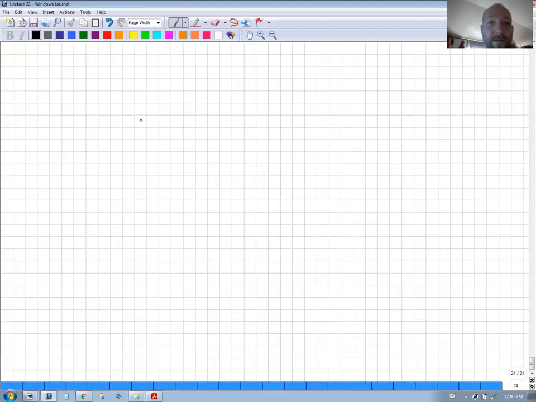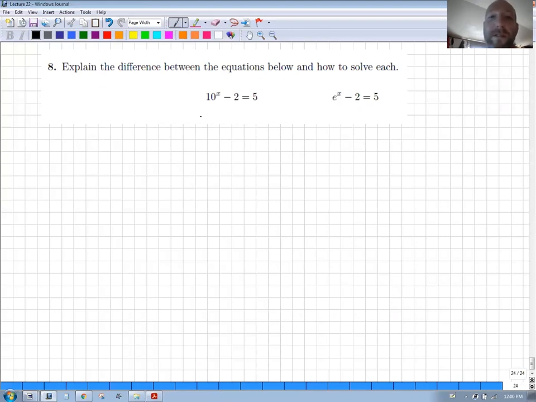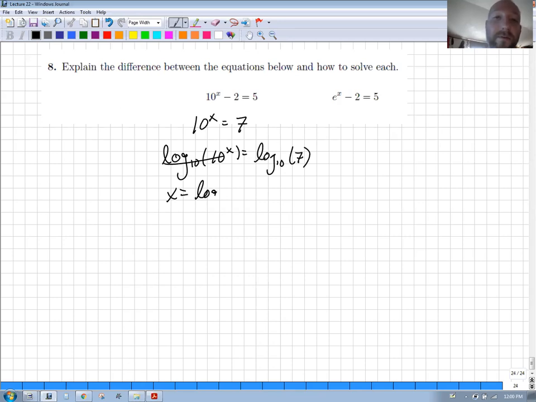All right, these two. Let's see, the one on the left, let's add 2 to both sides. Now we take log base 10 to both sides. So x is log base 10 of 7.